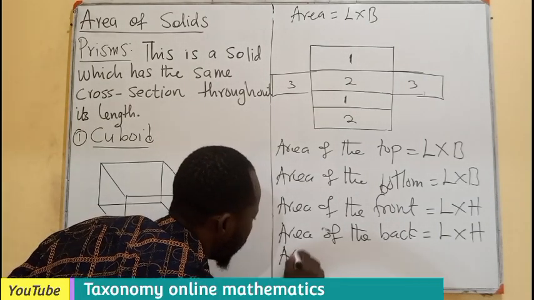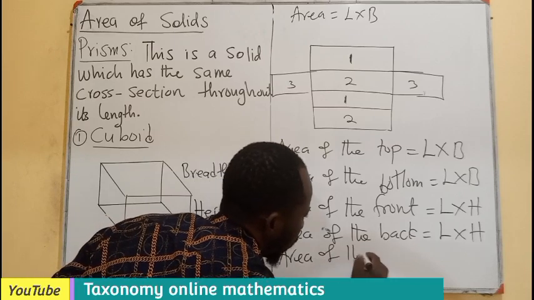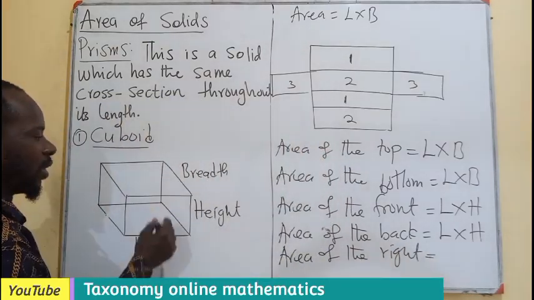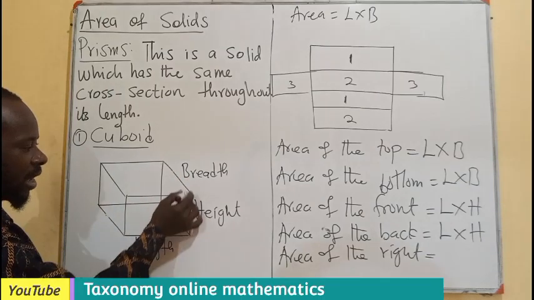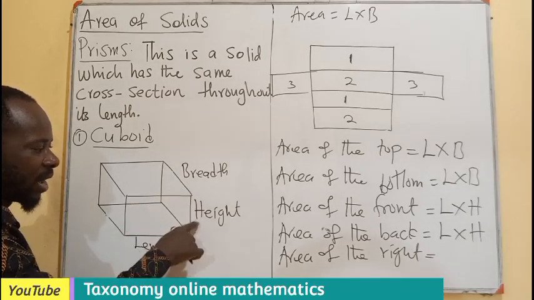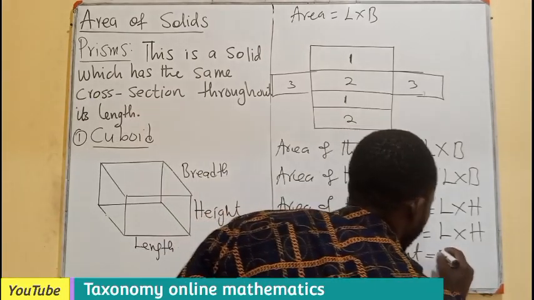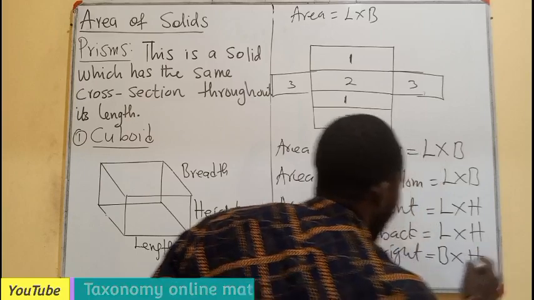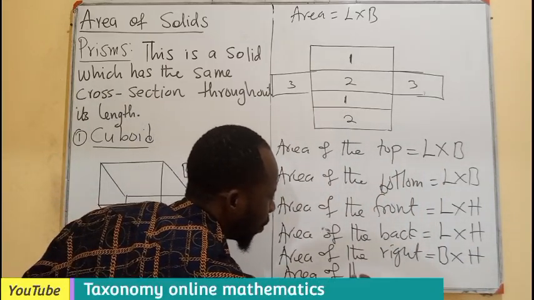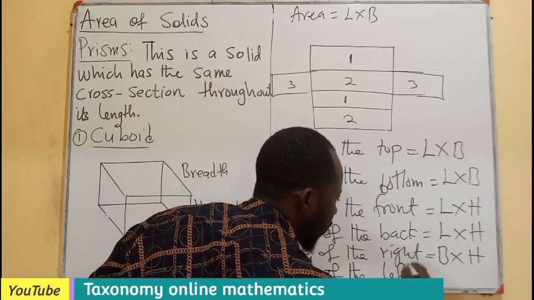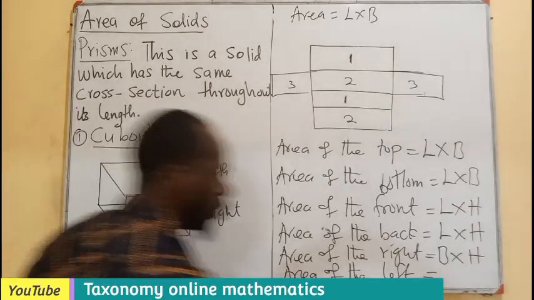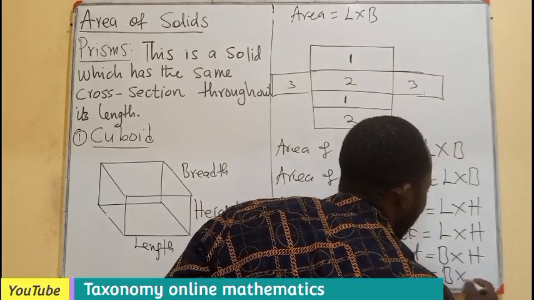So the area of the right, which is going to be the longer and the shorter, so this times this, which I can see is breadth and height. So that is going to be the breadth times the height, where the area of the left will also be this times this, which will also be the same as the breadth times the height.